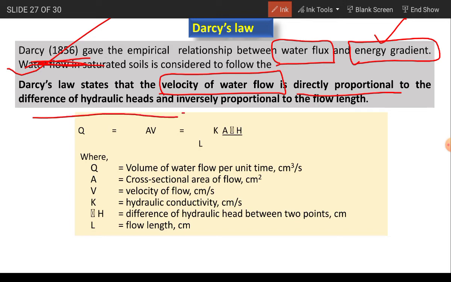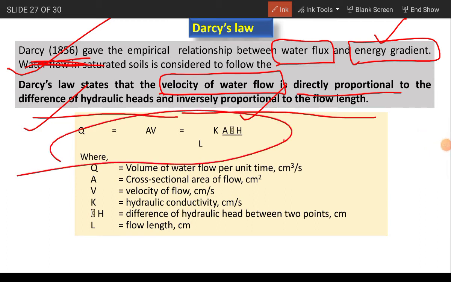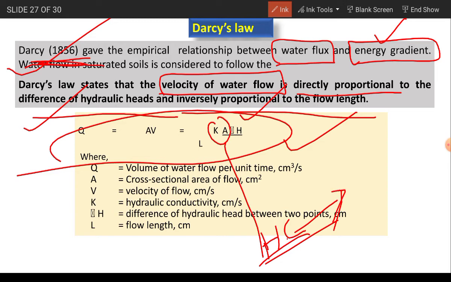K is the hydraulic conductivity. Hydraulic conductivity is nothing but the ease at which water is conducted in the soil. How easily the water is conducted in the soil system is called hydraulic conductivity.